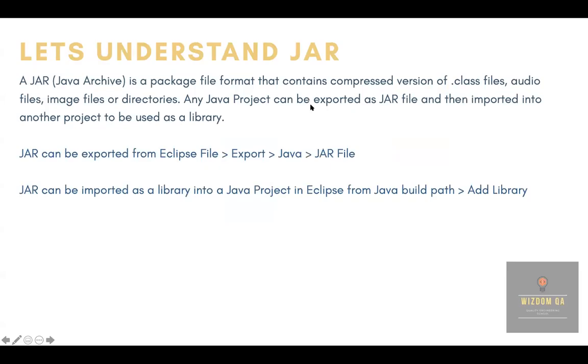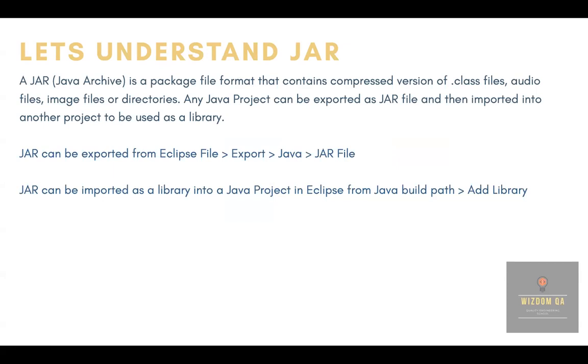Before I move on to anything else, we will understand what a jar file is. A jar file is basically called Java archives. A jar is a package file format that contains a compressed version of .class files, audio files, image files, or directories.